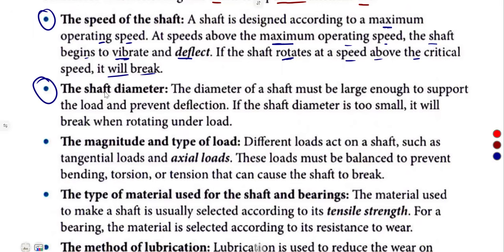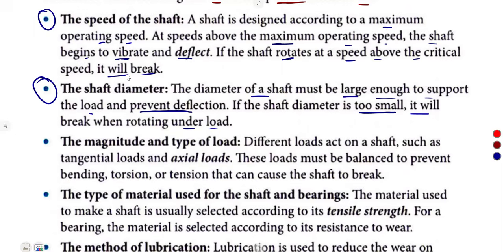Also, the diameter of the shaft. The diameter of a shaft must be large enough to support the load and prevent deflection. Thus, if the shaft diameter is too small, it will break when rotating under load, just like what we saw for the speed.